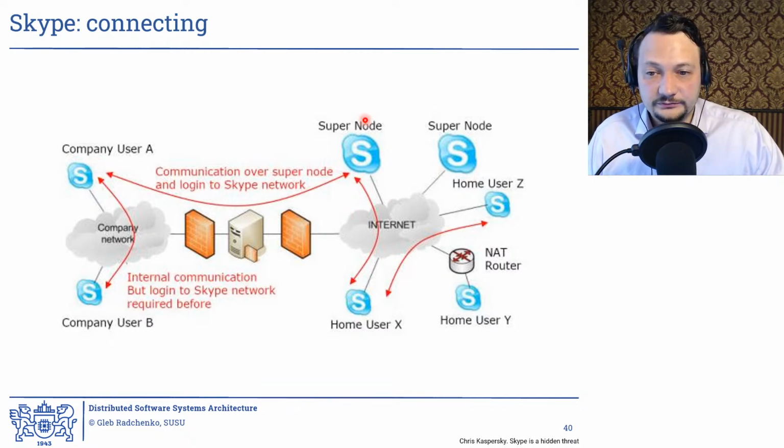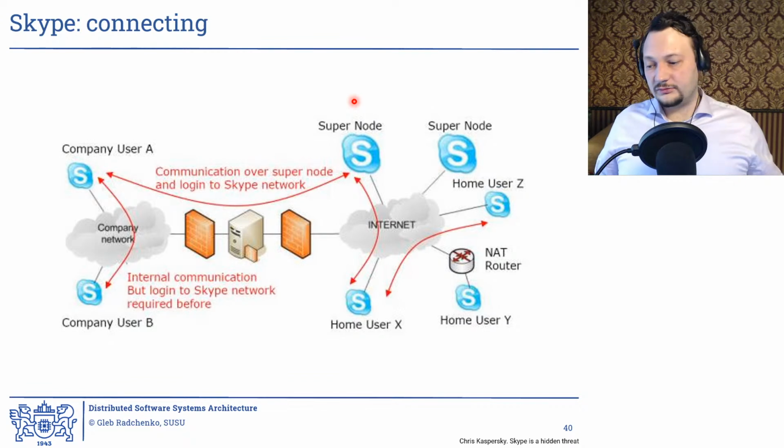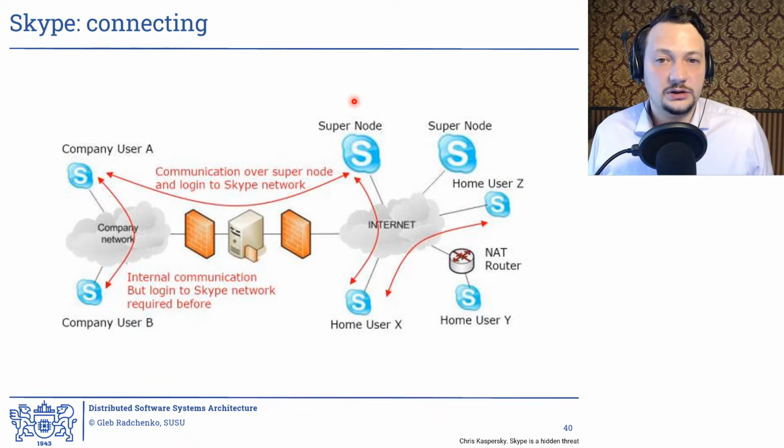To connect to all other users using the internet, if they are both located behind the firewall, they can connect to the supernodes. And there were cases when my friends were very frightened because Skype decided that their computer and their network connection were good enough.